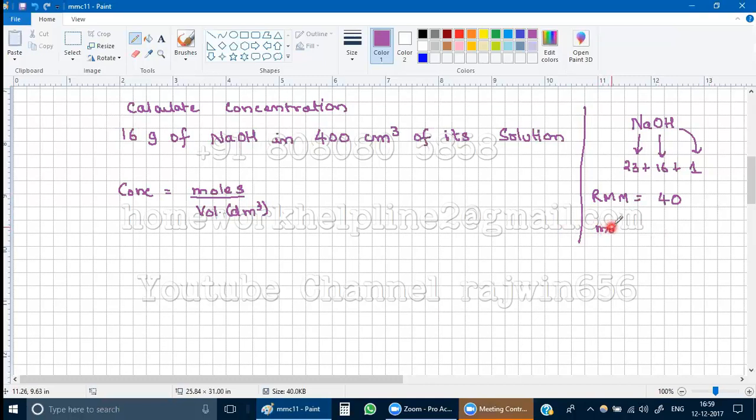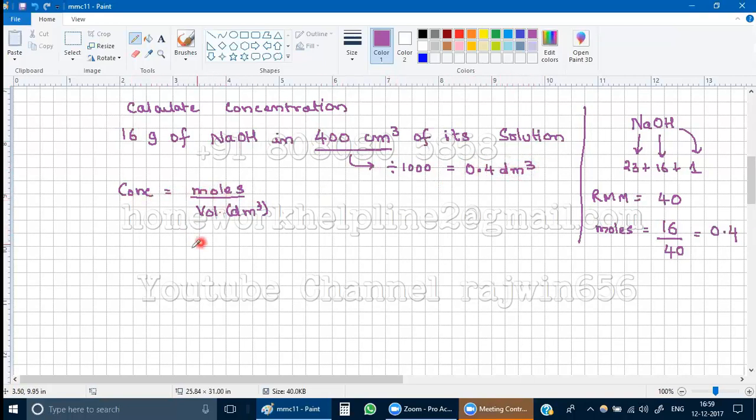So the number of moles of NaOH is the mass, 16 grams, divided by its relative molecular mass, which is 40. If you divide, it becomes 0.4 moles. The volume is given in centimeter cube, and we are supposed to convert this to dm cube by dividing by 1000. So 400 divided by 1000 is again 0.4 dm cube.